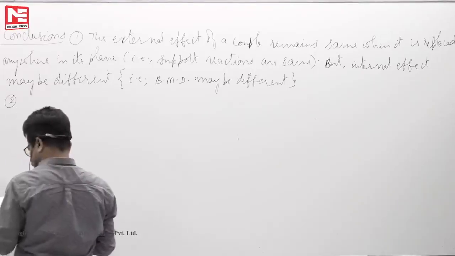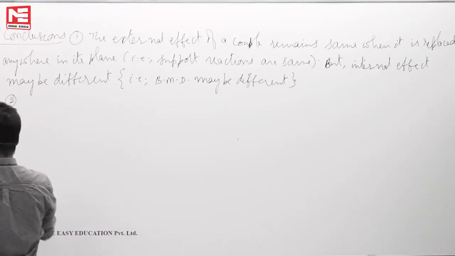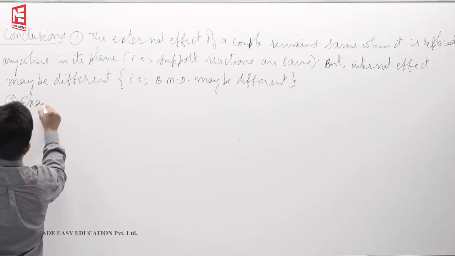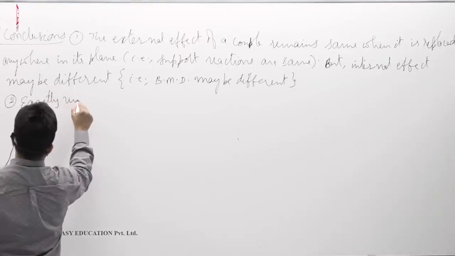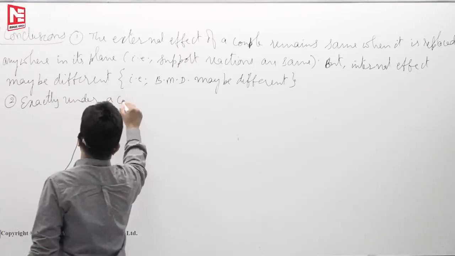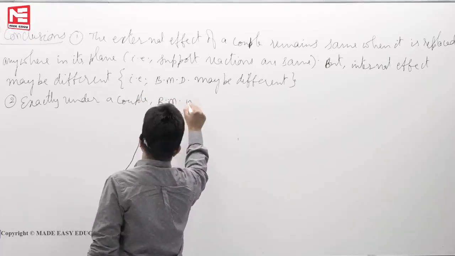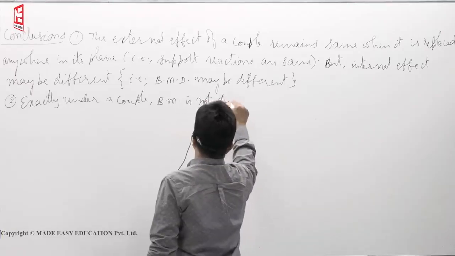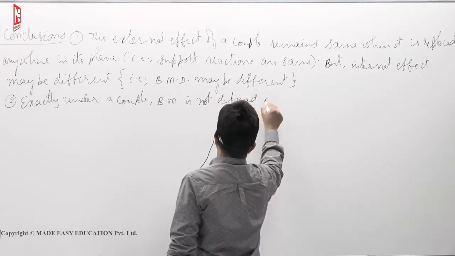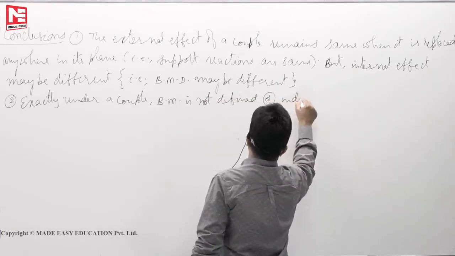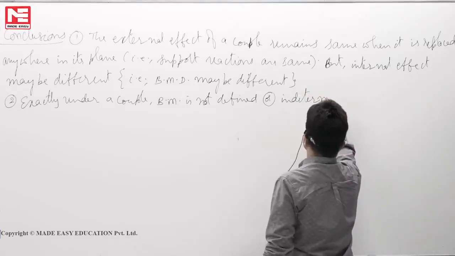Now, second point. Exactly under a couple, bending moment is not defined, or we can say indeterminate.